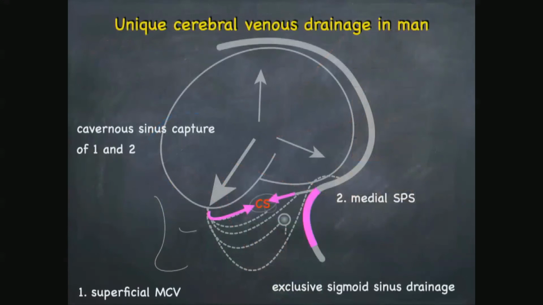It is interesting to notice a unique cerebral drainage in man. The sigmoid sinus drainage is found only in man, and so is the cavernous capture of the MCV and the medial superior petrosal vein.